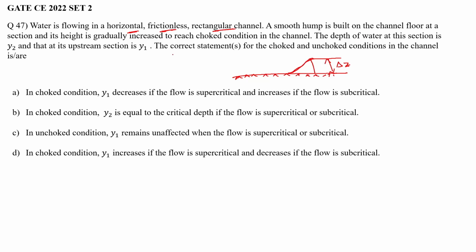The height is gradually increased to reach a choked condition. Kindly remember the choked condition: it means delta z is equal to delta z max. The depth of water at this section is y2, and at the upstream section it is y1.